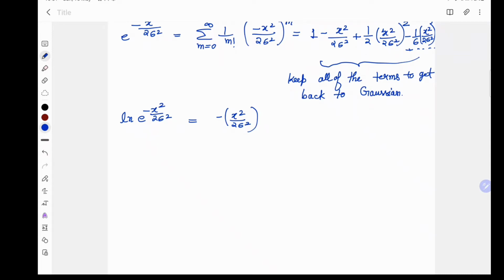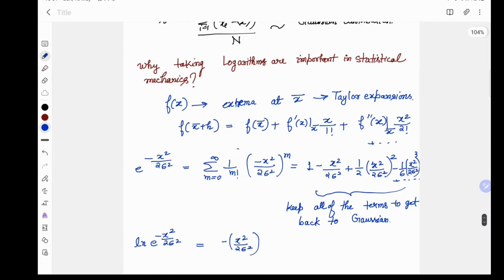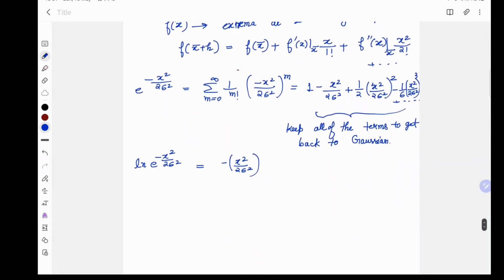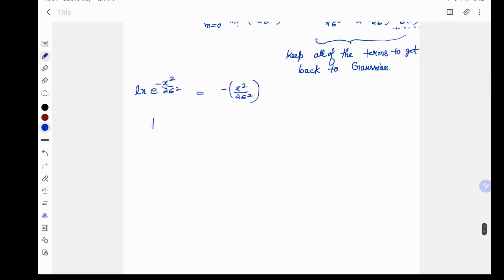So for this pz also, so this is pz. For pz also we can do the same thing. Pz is root n over 2 pi sigma square e to the power minus n (x minus mu) square over 2 sigma square, where mu is the mean.